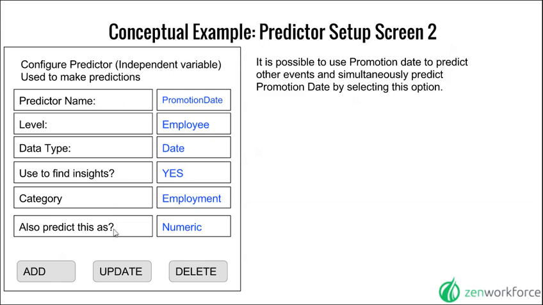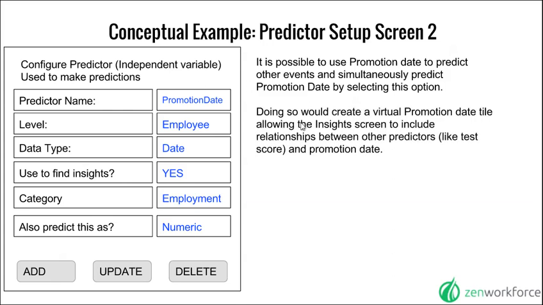So we have pushed it to the other side of the fence by doing this. When you push it to the other side of the fence, you have the option to select numeric or true or false. So if it's numeric, what we're predicting is the number of days to get promoted based, say, off of a test score, let's say.